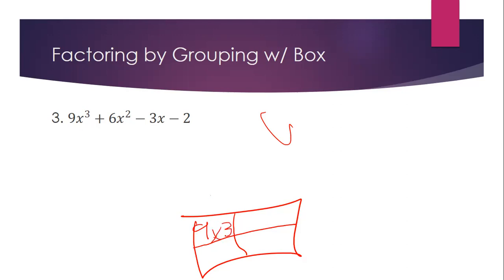That's a small 3. The next term goes in the next box. Then your next term goes in the next box, so negative 3x. And then your last term goes in the last box.